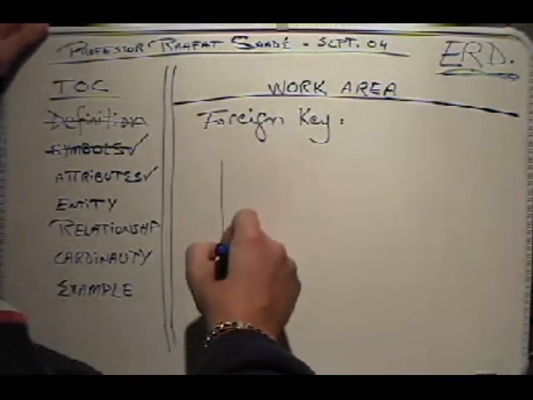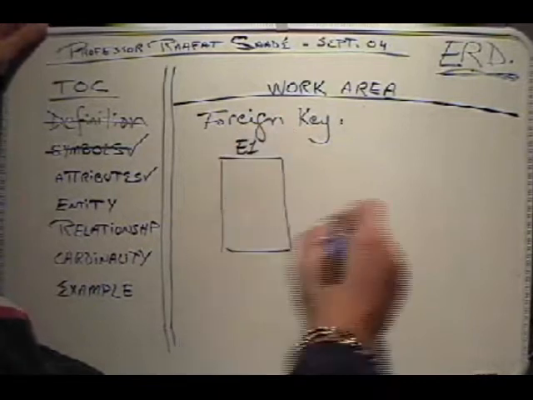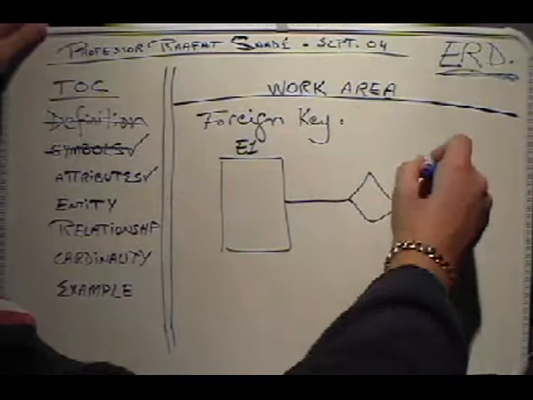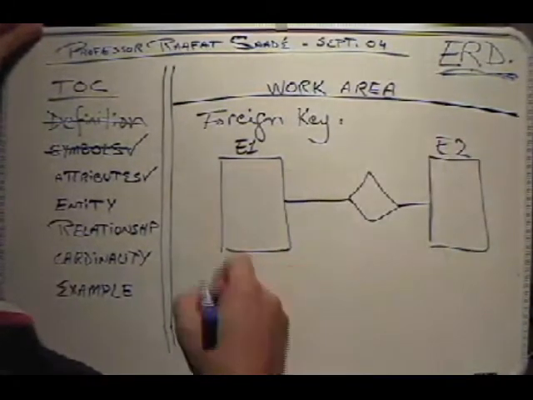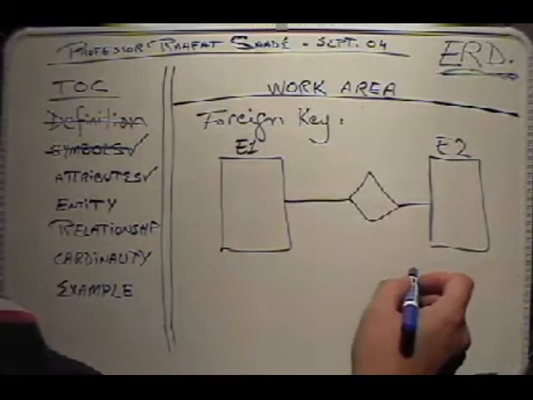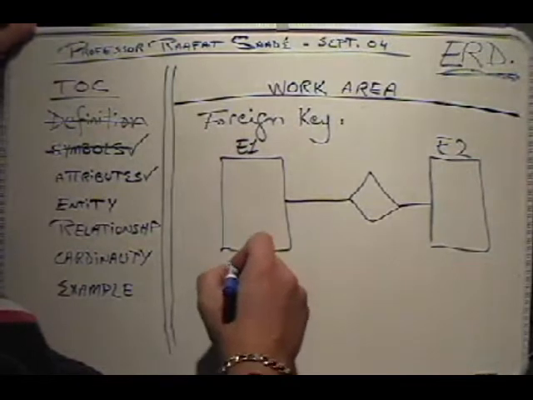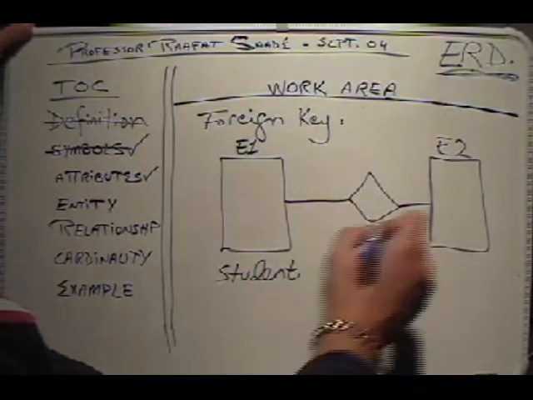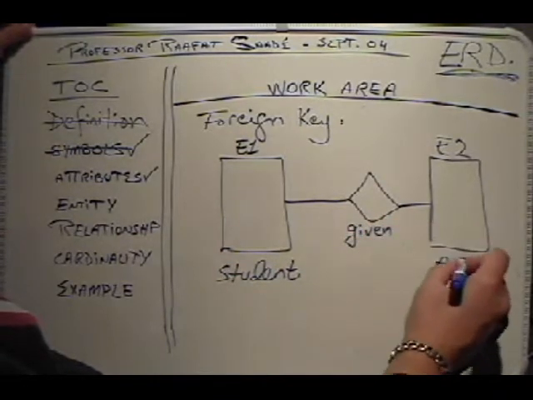So let us consider the entity 1 related to entity 2, and just for being able to contextualize, we'll call this a student is given an advisor.